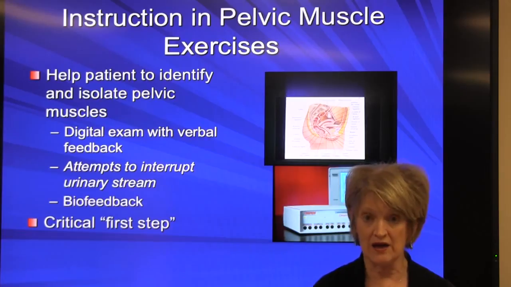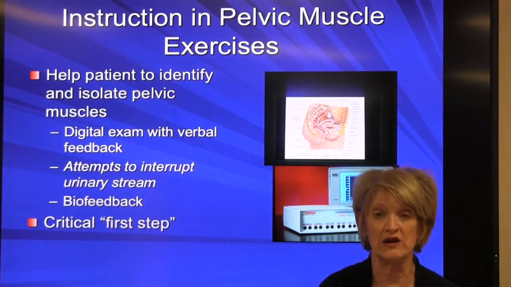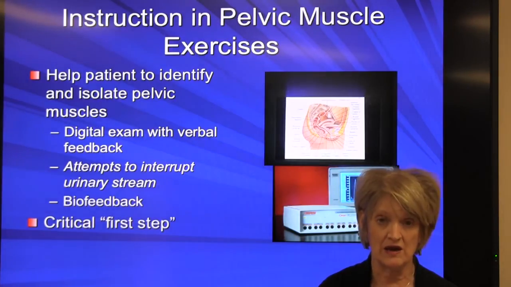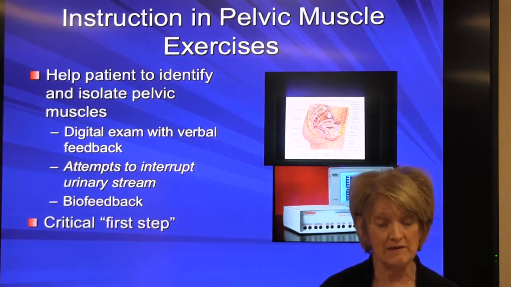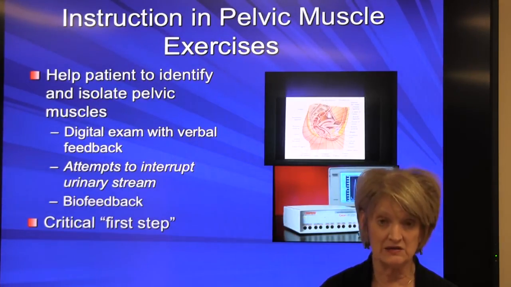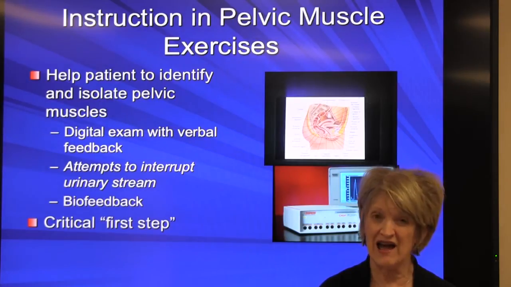Now, for a time, a number of clinicians used urinary stream interruption as a way to help women identify the right muscle group. And they did that based on the fact that it is the pelvic floor muscles that we use if we're trying to interrupt the urinary stream. However, that technique has fallen out of favor, and that's why it's in italics, and this is why.